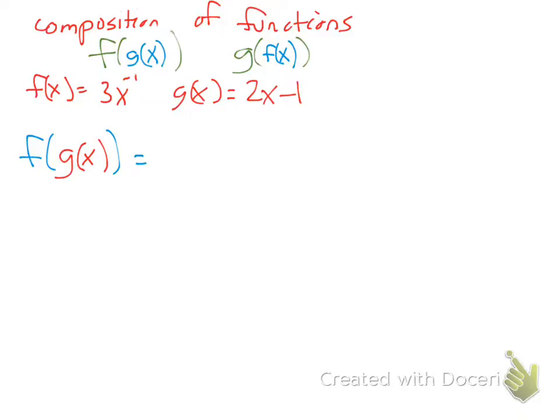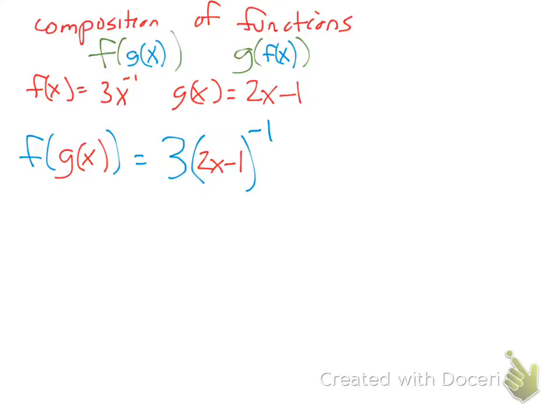So I write down f of x, but anywhere there was supposed to be an x, I put parentheses and leave it blank. I then go back and fill it in with whatever g of x is, and g of x was 2x minus 1.